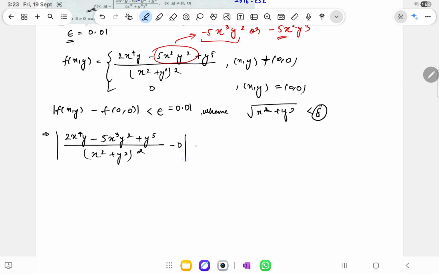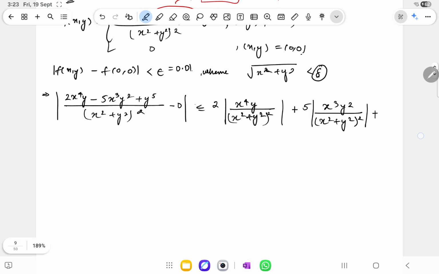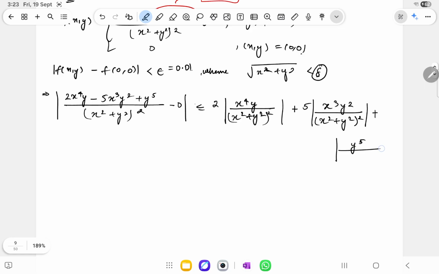This basically turns out to be less than or equal to, using the triangle inequality, 2 times modulus of x^4 y divided by (x^2 plus y^2) whole squared, plus 5 times x^3 y^2 divided by (x^2 plus y^2) whole squared, plus modulus of y^5 divided by (x^2 plus y^2) whole squared.